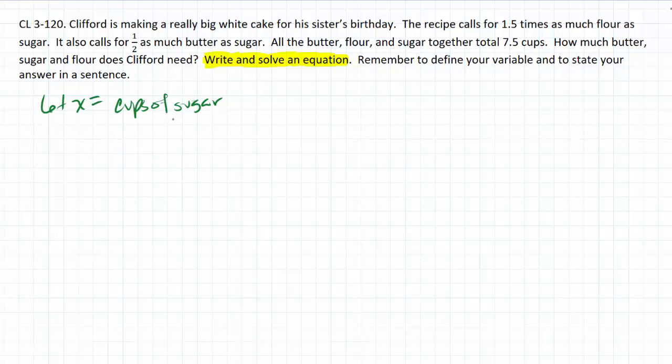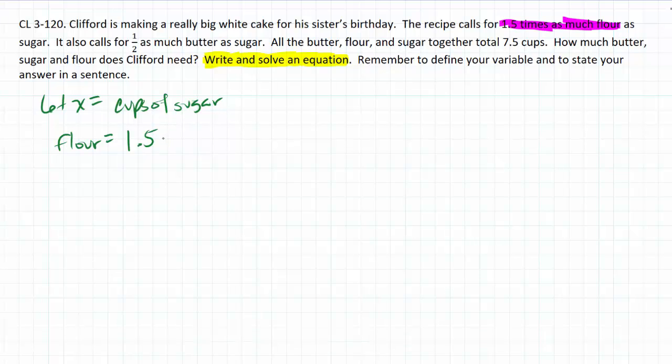So if x is going to represent the cups of sugar, since the recipe calls for 1.5 times as much flour as sugar, the flour will be 1.5 times, so 1 5/10 times the amount of sugar.